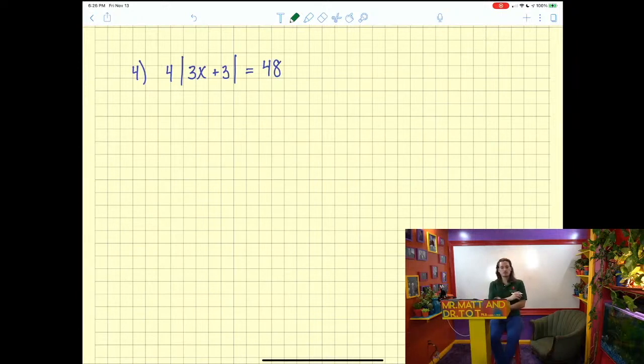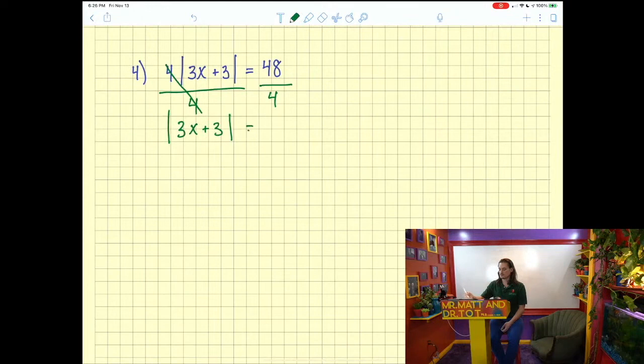Now in order to remove the absolute value bars, I'm going to have to split this equation into a positive and negative consideration. So I'm going to have 3x plus 3 is equal to positive 12, and I'm going to have 3x plus 3 is equal to negative 12.